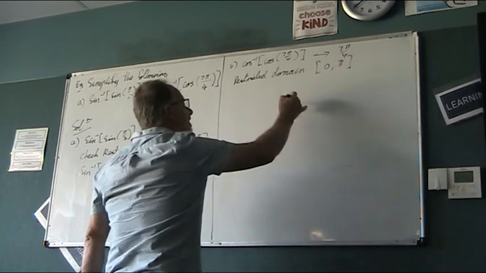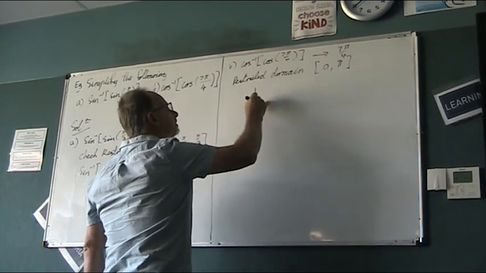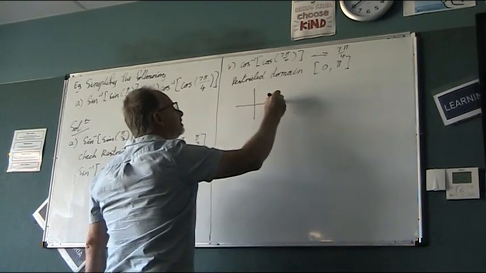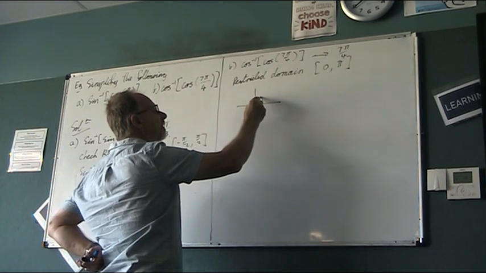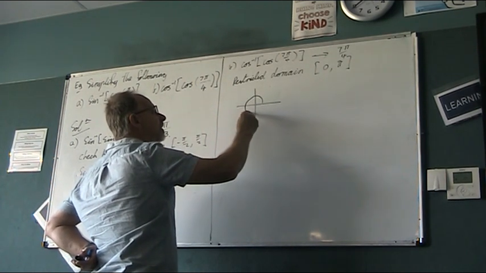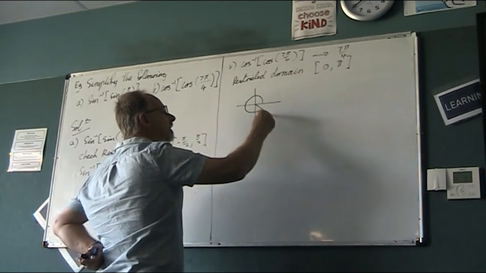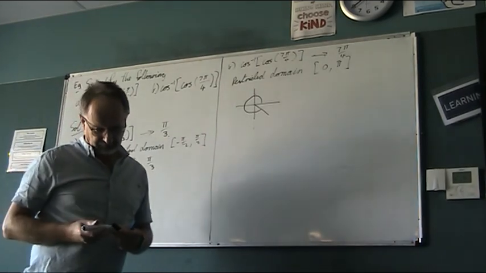So 7 pi on 4. If we're going 7 pi on 4, we're going around 1 pi on 4, 2 pi on 4, 3, 4, 5, 6, 7. So we're out here.